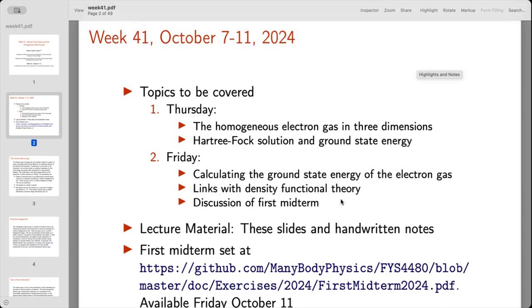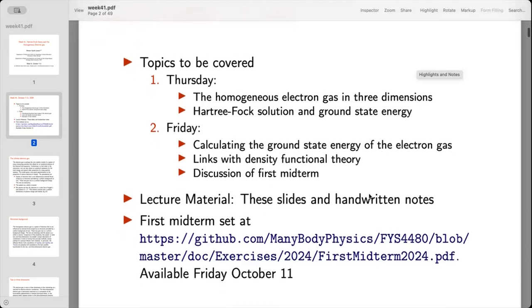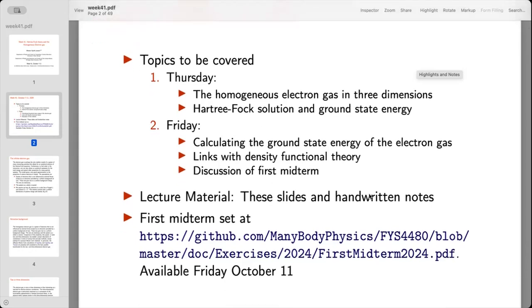It's used in atomic and molecular physics. And the developers of density functional theory, Kohn and Hohenberg, they got the Nobel Prize in physics for the developments of density functional theory. Oh, wait, I think it was a Nobel Prize in chemistry. I may be mixing it up. This was back in the 90s. I think it was in 98.